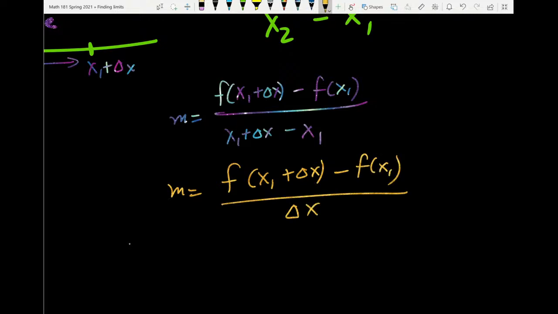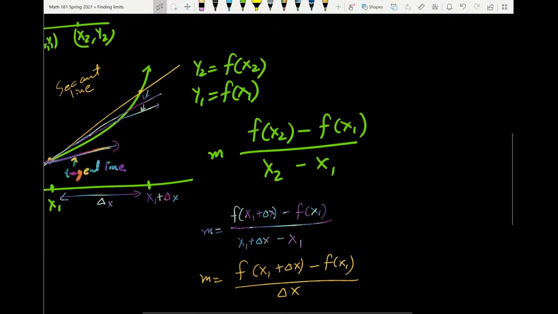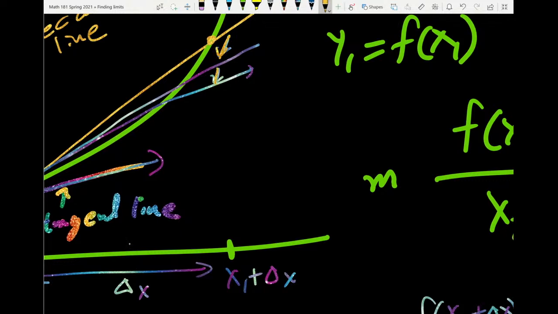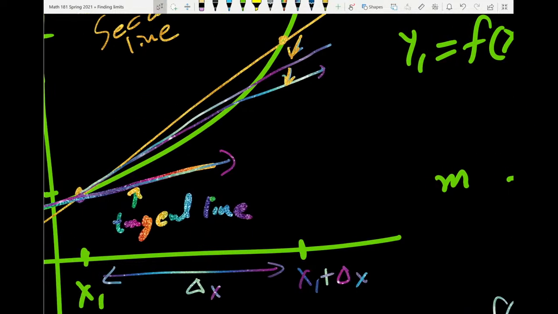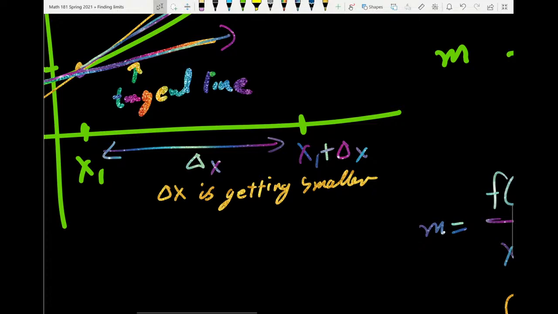The calculus comes in here. Do you see this change right over here? What is happening? As this secant line gets closer to the tangent line, delta x is getting smaller, or we say as delta x goes to 0.